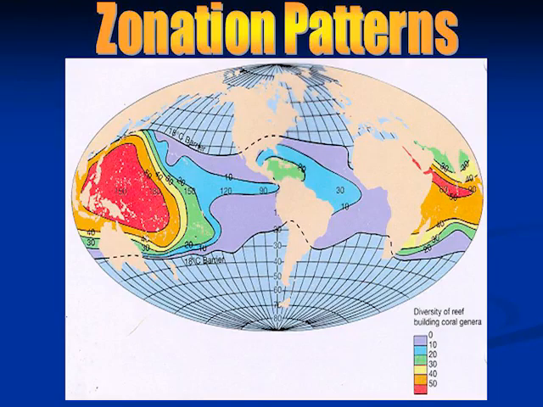Now have a close look at this zonation pattern. As I have already told you, the 27° north to south latitude of the equator provides a very good environment for their growth.